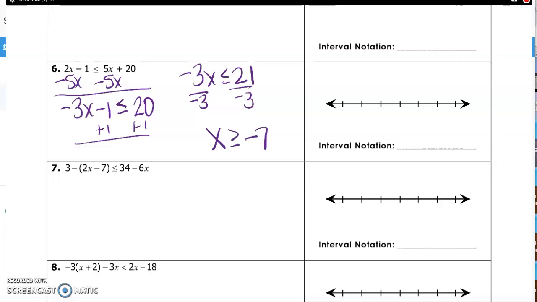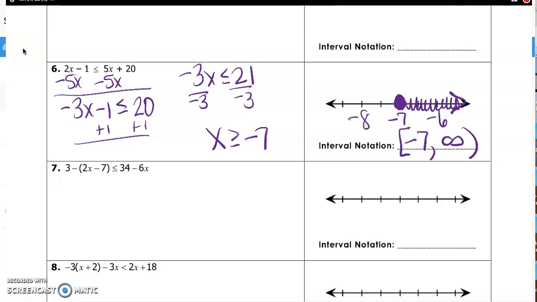X is greater than or equal to negative 7. We don't always flip the sign, but anytime you multiply or divide by a negative, you need to flip it. So negative 7 goes there, negative 6 and negative 8. Again, we have a closed circle because it's or equal to, and right for greater than. So I start with negative 7 with a bracket, comma, positive infinity with a parenthesis.